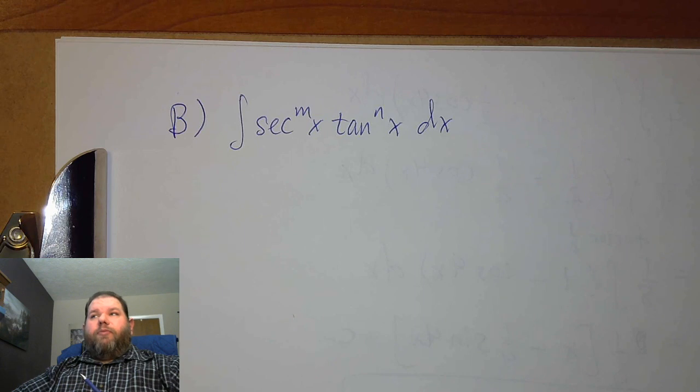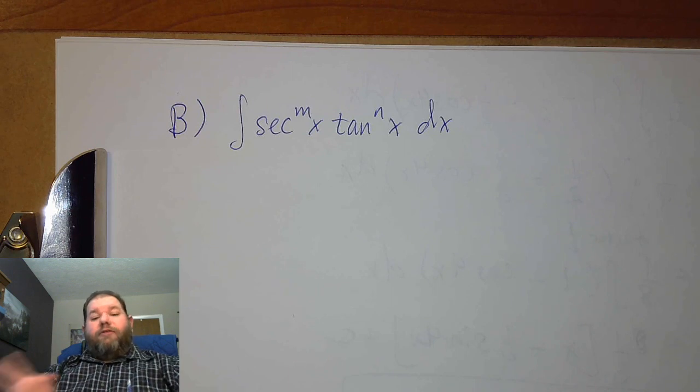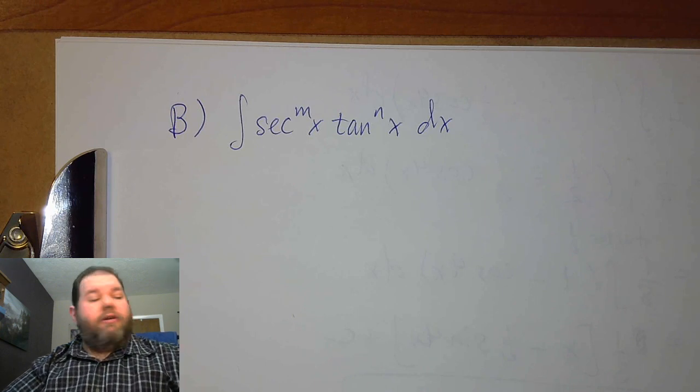Now, the goal that we have here is to isolate a set of terms to be du, and then everything else becomes u. It's really the same thing we were trying with the odd exponents in sine and cosine. But like I said, because the derivatives are different for secant and tangent, it does work out slightly differently.